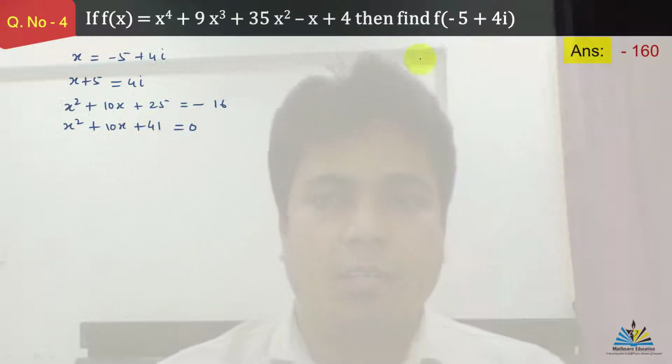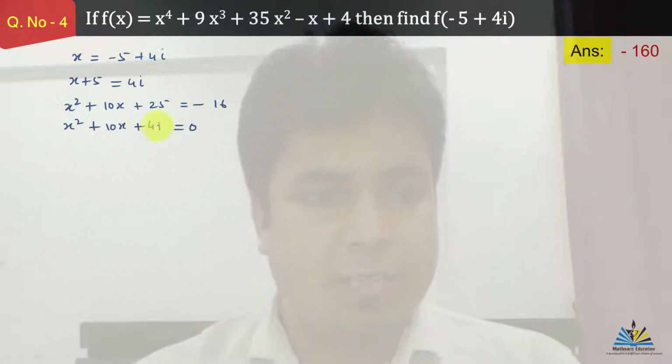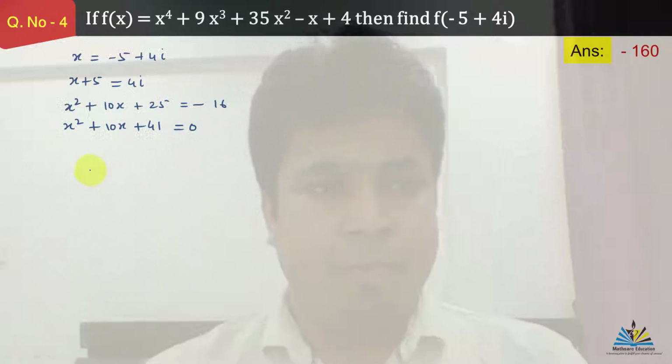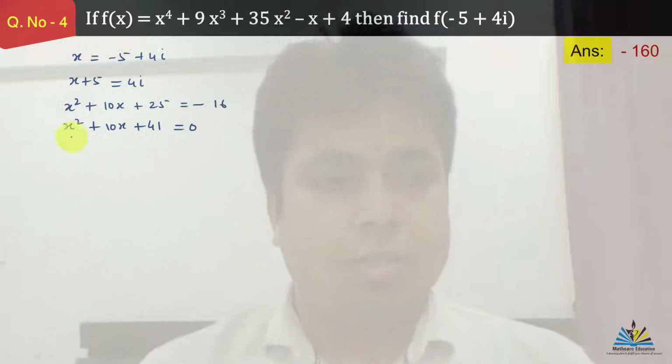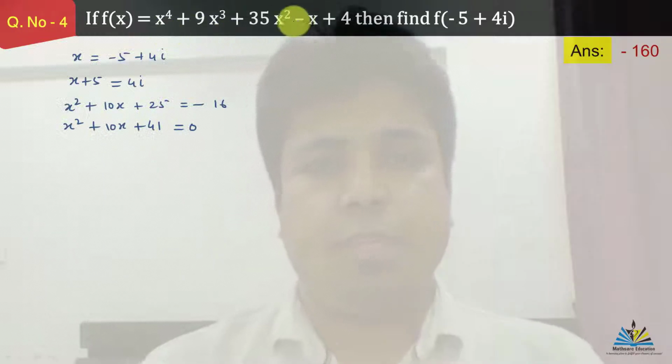Now we know that if x is equal to minus 5 plus 4i, then this expression becomes equal to 0. Now we will use the value of this expression to find the value of this.